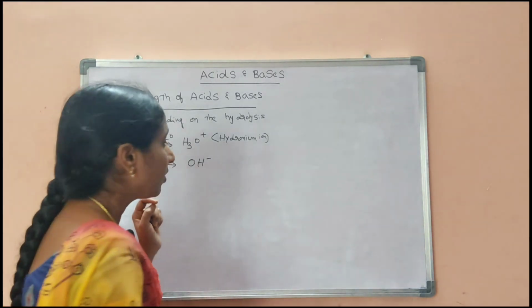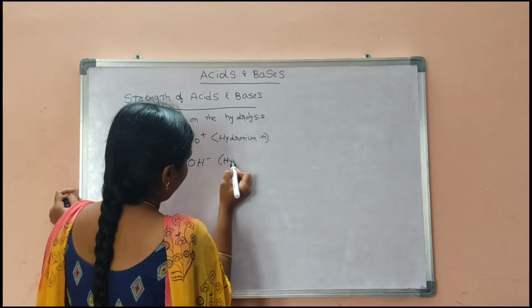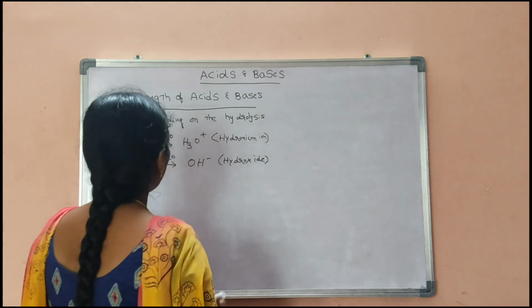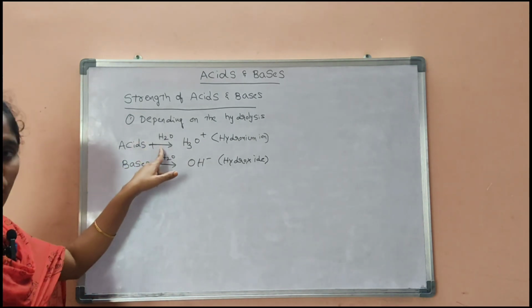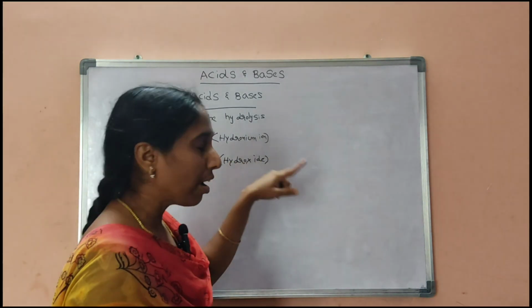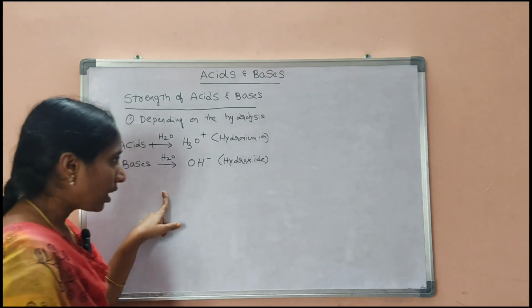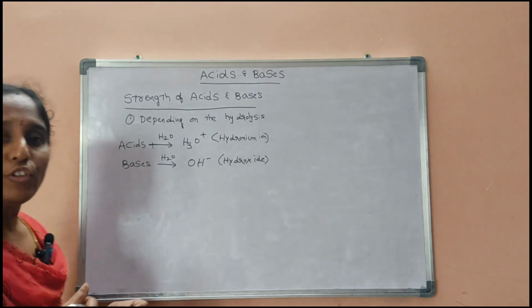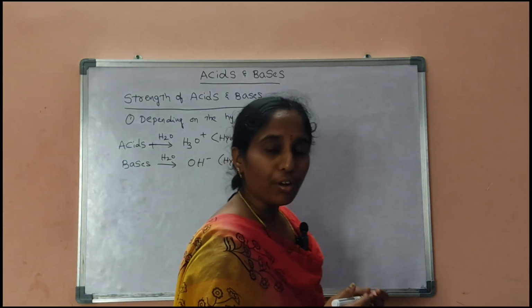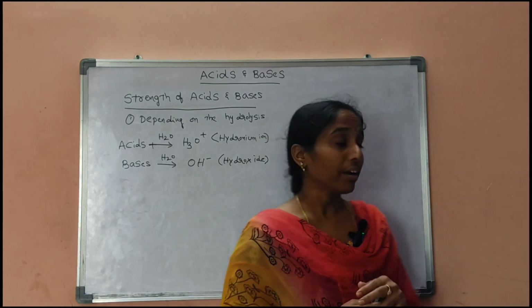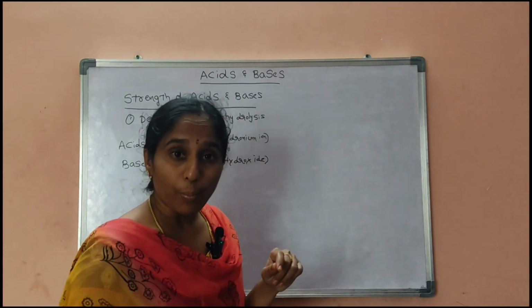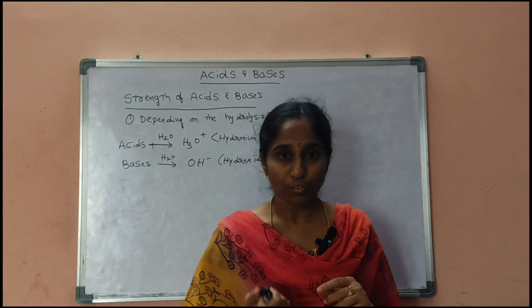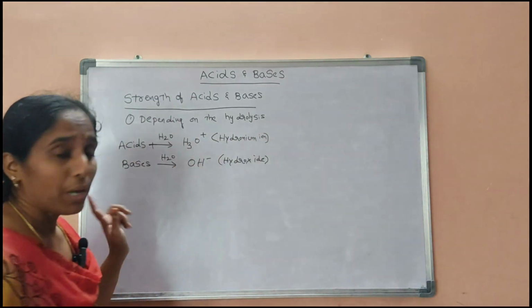OH minus ion means hydroxide ion. Okay? Acids react with water to form hydronium ion. Bases react with water to form hydroxide ion. The compounds which produce hydronium ion when they react with water are called acids. The compounds which produce hydroxide ion when they react with water are called bases.